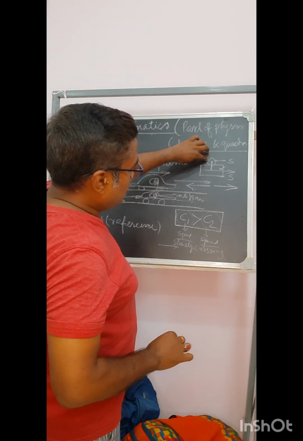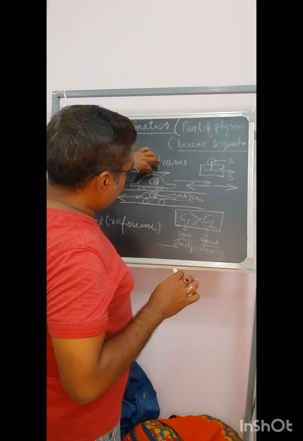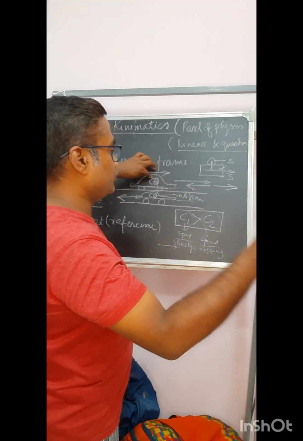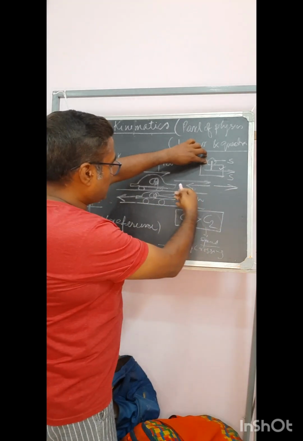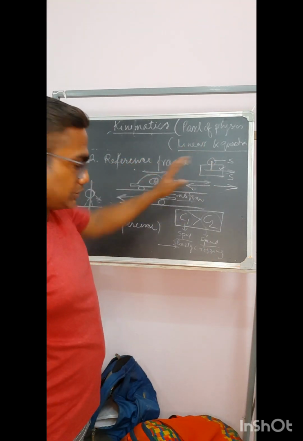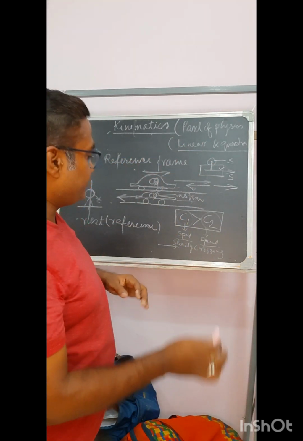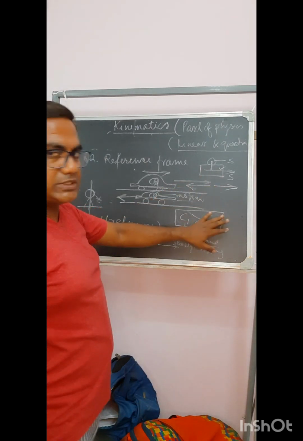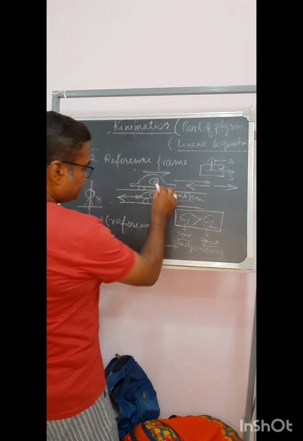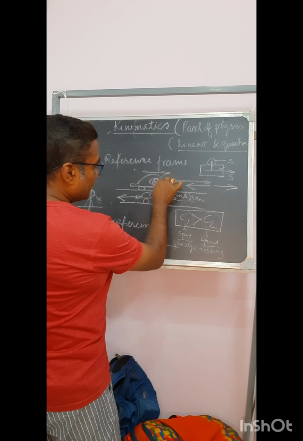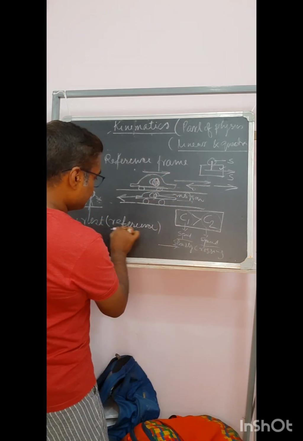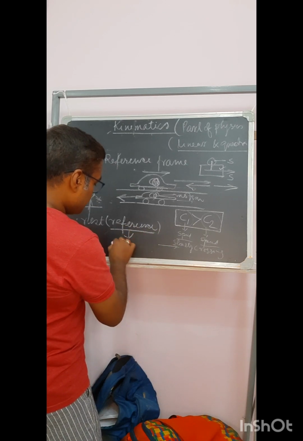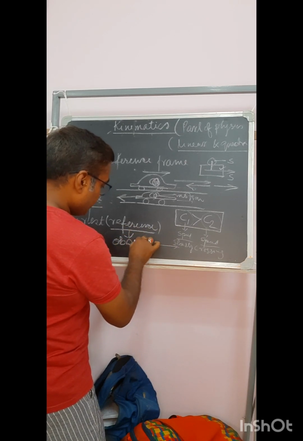Whereas the observer, if he is sitting on the reference frame and the reference frame itself is moving, will say that the car is moving forward or the car is moving backward. So there could be a different statement if the reference frame changes. My point is that the reference frame is nothing but the observer also.